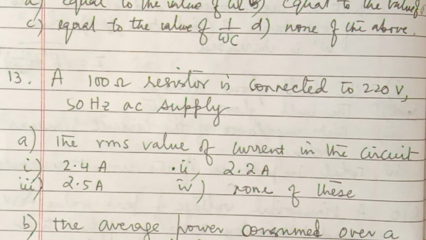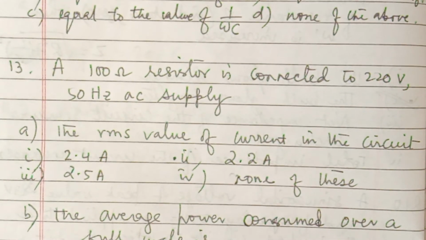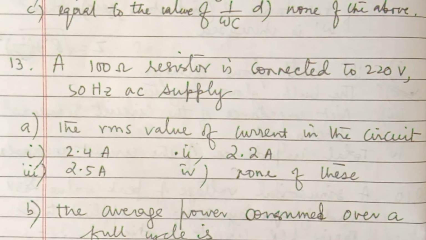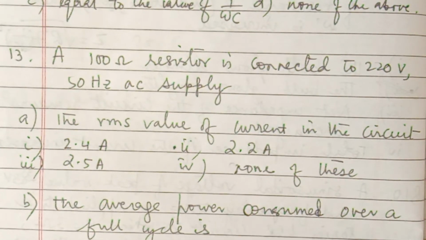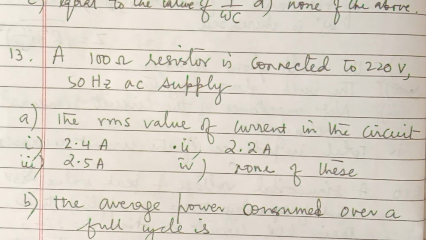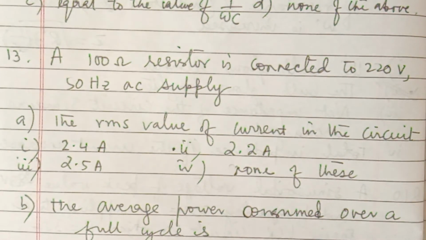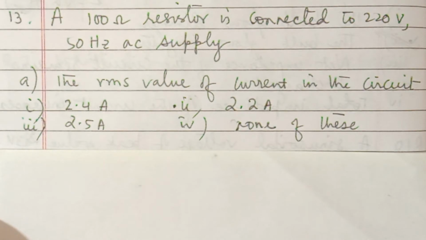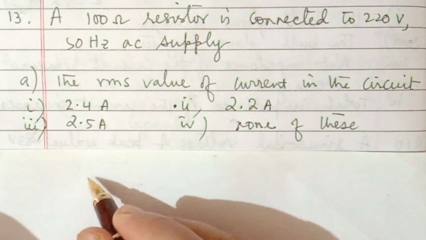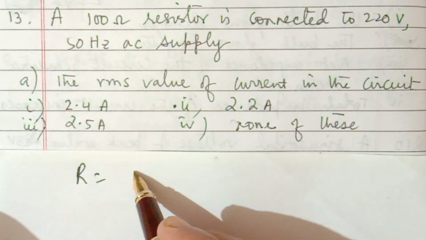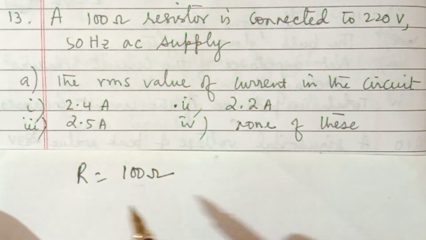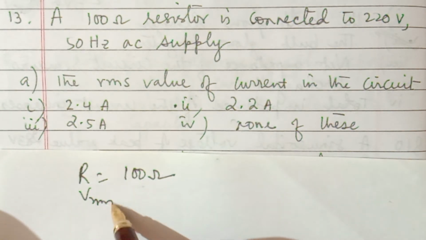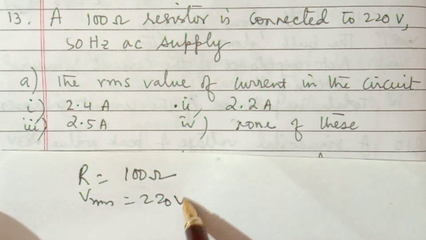Okay. Next question. A 100 ohm resistor is connected to a 220 volt 50 hertz AC supply. What is the RMS value of current in the circuit? So here resistance is given, 100 ohm, and VRMS is given, 220 volt.